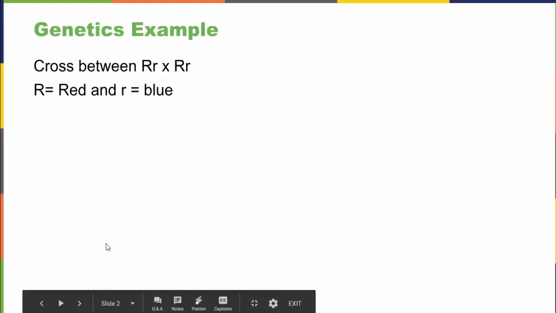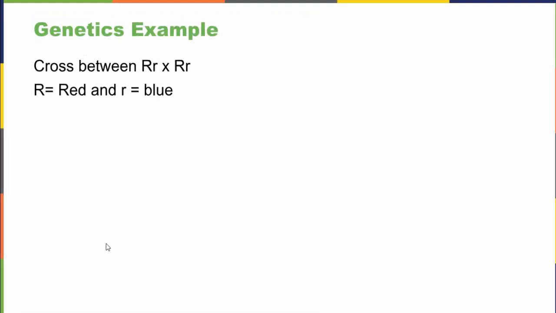Okay, so now we're going to run through a genetics example that's going to summarize everything that we did last lecture. Let's say that we have a cross between two parents, each of them with the genotype big R, little r. I've written down here that big R represents red, little r represents blue.